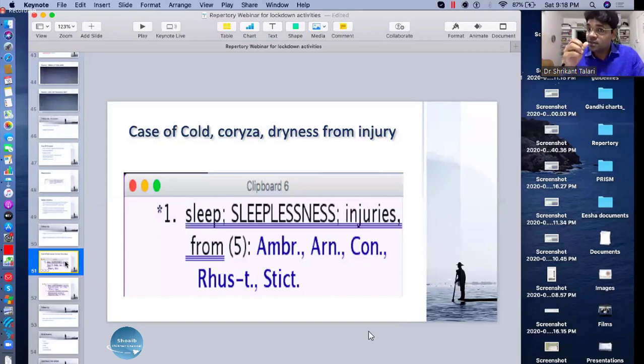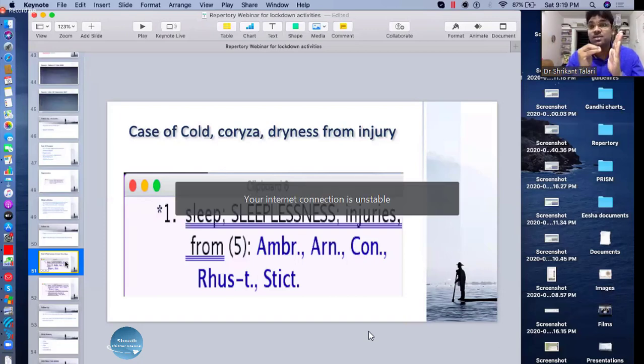So in such cases, we cannot say I have to find the general. In such cases, our repertorization has to be such that it connects two things. We have rubrics like ailments from events, head injury, or coryza with dryness, or loss of sleep.